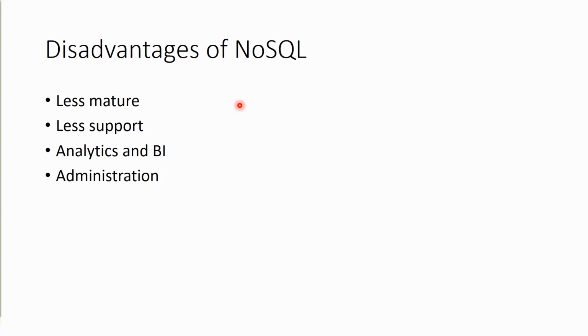And the next one is that it has less support. Since it's new to the market, there are very few people who have full-on experience with NoSQL databases. These first two points are things that are going to change with time. Things are going to get better, and you might not find these in disadvantages anymore, maybe in a couple of years.